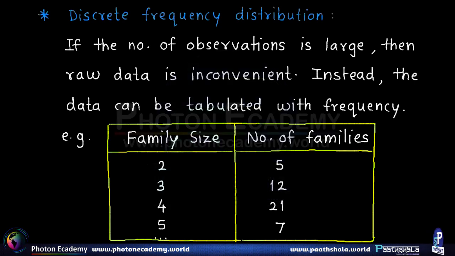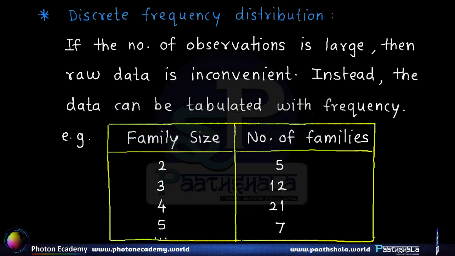The first entry is 2 and 5, which means there are 5 families having the size 2. Similarly, there are 12 families with size 3 and so on. Rather than writing the values of the family size again and again, since they are repeating, we just club them and write in a compact manner as shown here. So this is the discrete data.